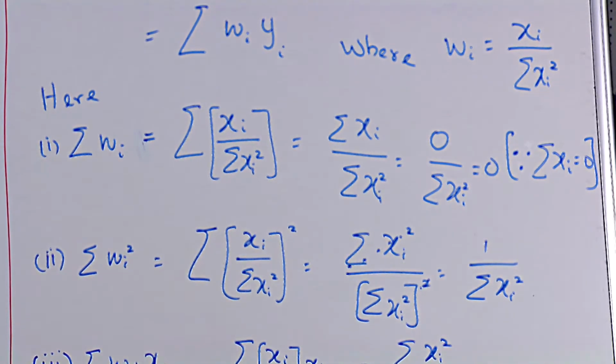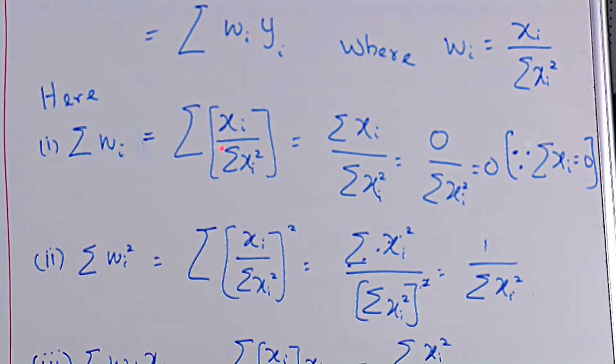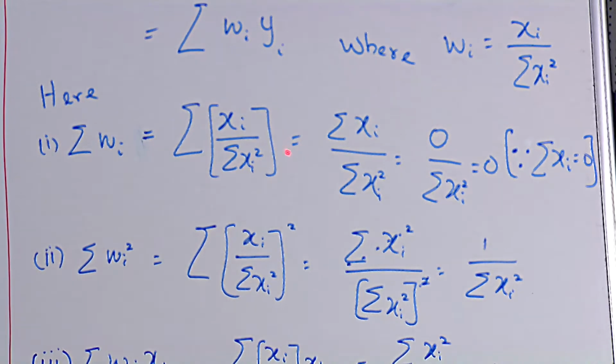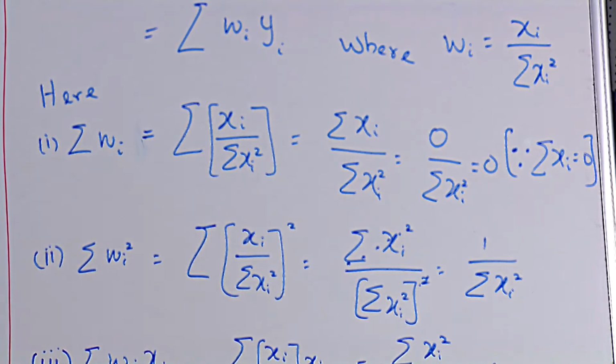Now let us define the characteristics of wi first. Here sigma wi is equal to sigma of xi divided by sigma xi square, because we know the value of wi, so I am just substituting that value. This is equal to sigma xi divided by sigma xi square.